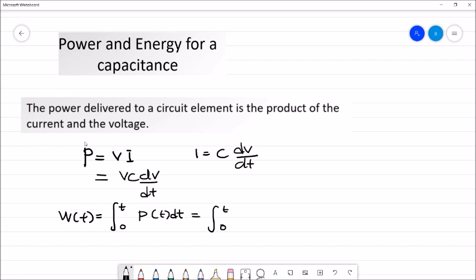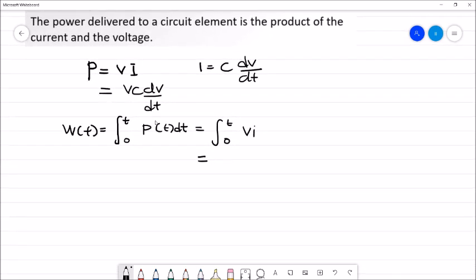Power is equal to voltage times the current, VI, then substitute I, substitute I, integral from 0 to t of V C dV over dt.